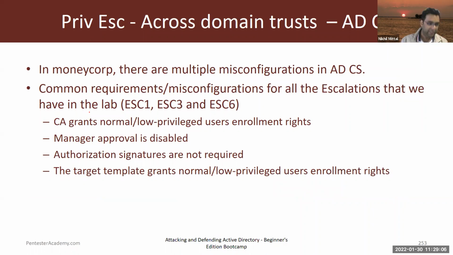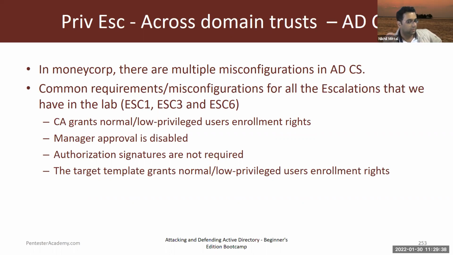So in MoneyCorp, when we talk about enterprise CA, we now switch our context to the forest root or the forest. In MoneyCorp, there are multiple misconfigurations in ADCS. There are 3 escalation paths that we have misconfigured: ESC1, ESC3, and ESC6. In addition to the specific misconfigurations, there are some prerequisites that are common across all the privilege escalation paths.